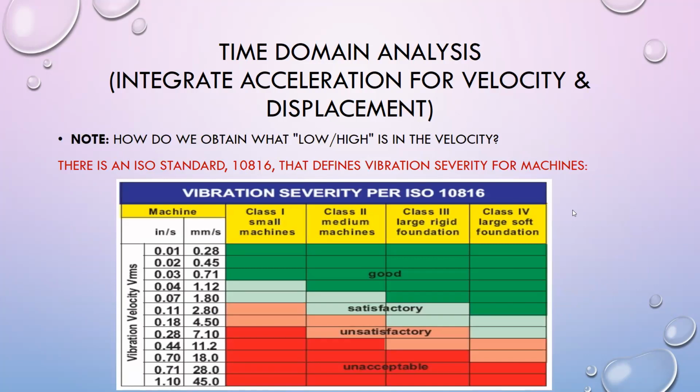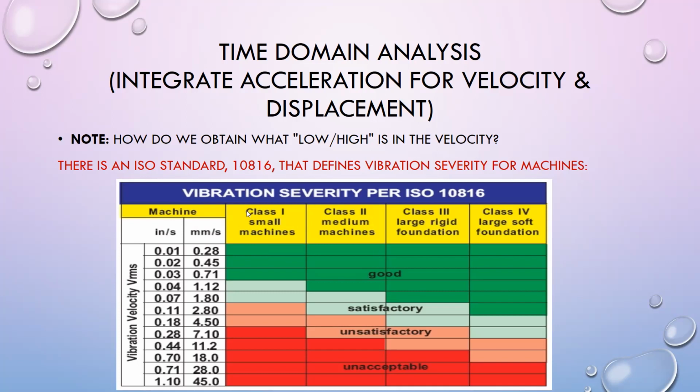But about the velocity, sometimes you may ask how we determine what is low or high for the velocity. For your system, you can use different standards. Here, for example, we have an ISO standard called 10816.